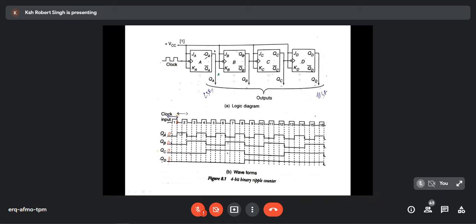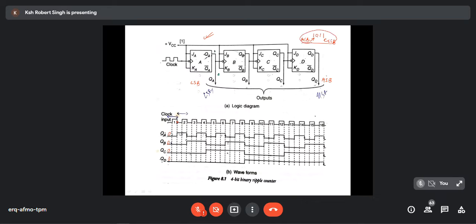And to be very careful, when you draw the counter like this, this particular flip-flop output will be your least significant bit, and this output will be your most significant bit.